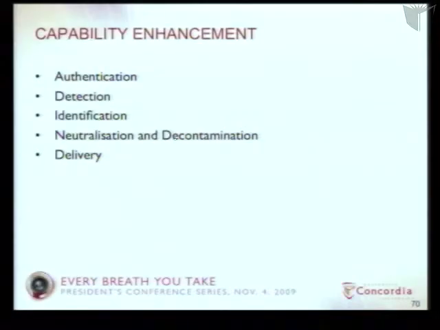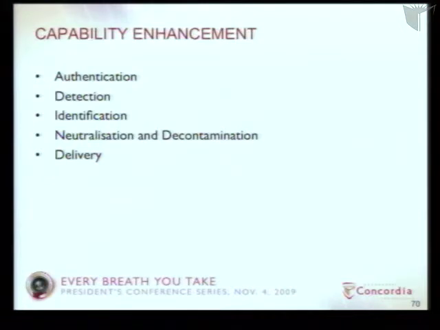So what we need is enhancement of the capabilities which are available to us. That is, we need more authentication, detection, identification, neutralization, and decontamination, and delivery of, for example, antidote. Authentication and anti-counterfeiting prevent crime by reducing the theft of goods, property, and identity, such as your passport or documents.